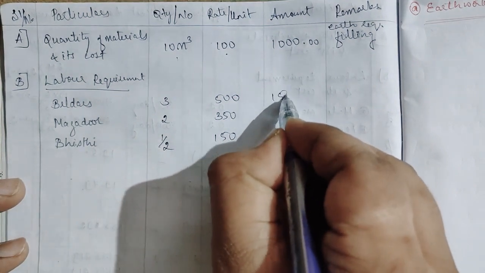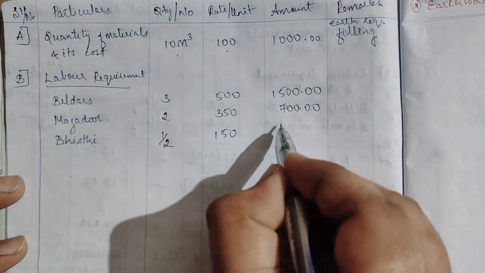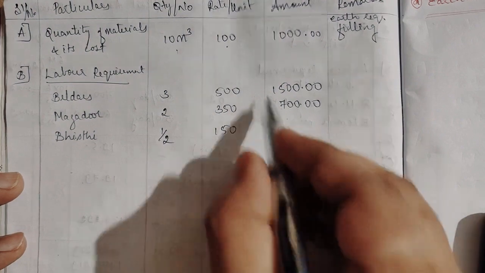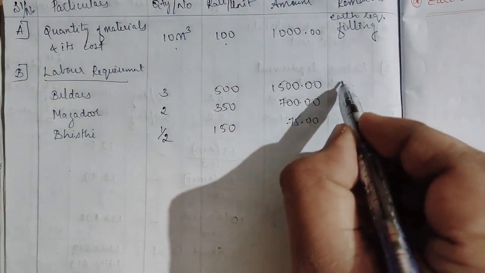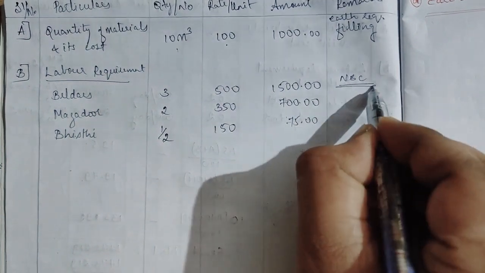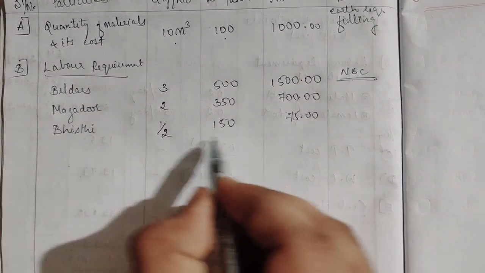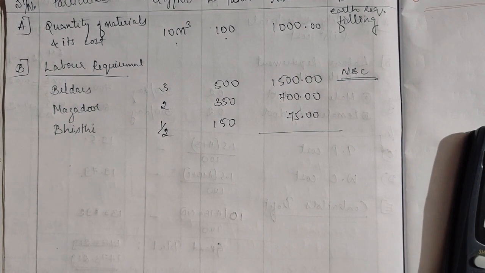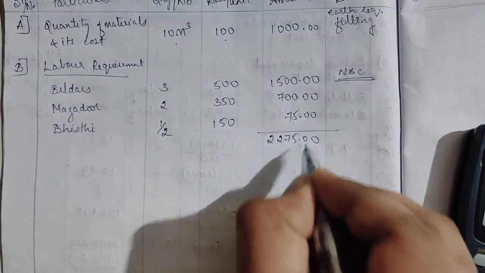So this will be 1500, this will be 700, and this will be 150 by 2, 75. So remarks would be as per NBC. Okay, next, you can make total here so that it can be easy. 1500, 700, 75, that is 2275 rupees.